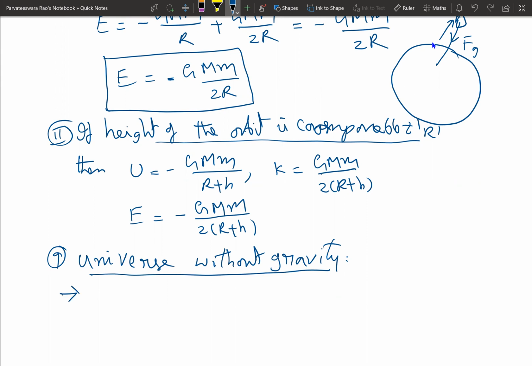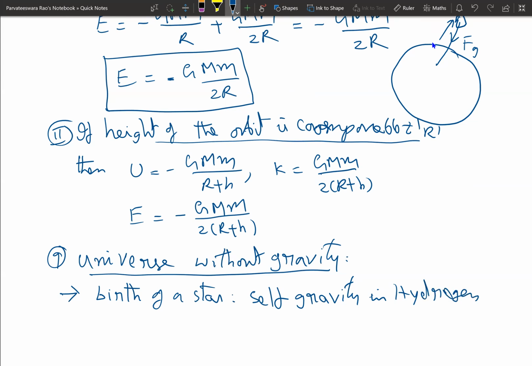First of all, if you read the birth of a star, the basic parameter for the birth of a star is the self-gravity in hydrogen and helium gas clouds.